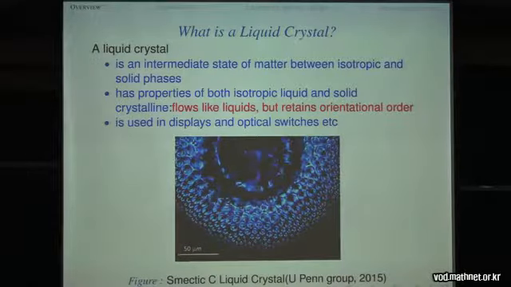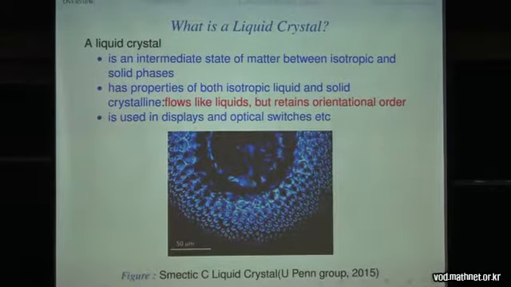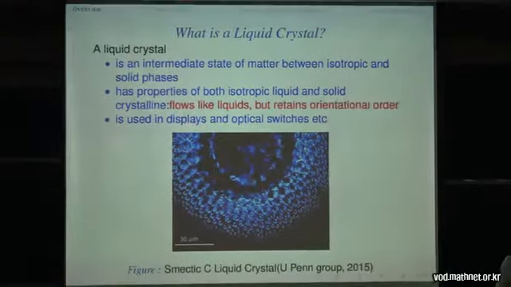And a liquid crystal has the properties of both liquid and solid. So the structure of liquid crystal systems is very complex because it flows like a liquid, but also has some orientational order.